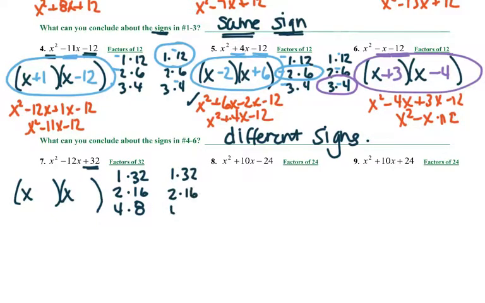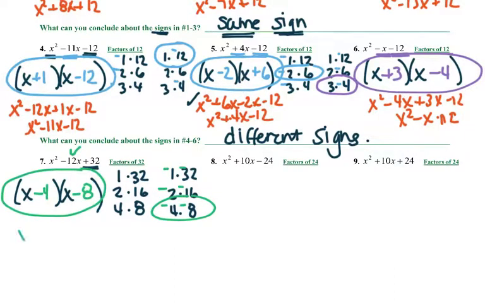So you can get a positive either by multiplying 2 positives together or by multiplying 2 negatives together. So which of those 6 combinations adds to a negative 12 is, of course, negative 4 and negative 8. And again, you can check it if you want. But we're going to move towards being able to check in our head and being able really to just know for a fact that we got it right.